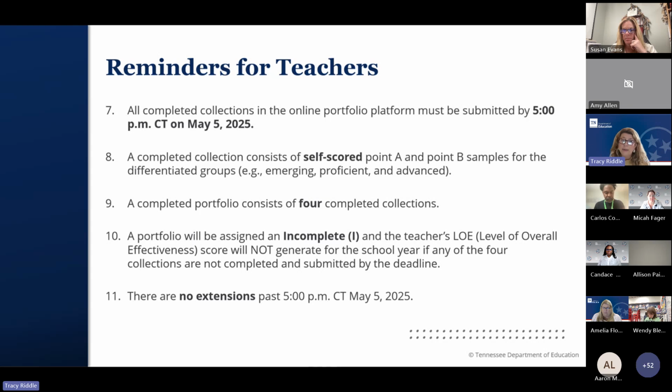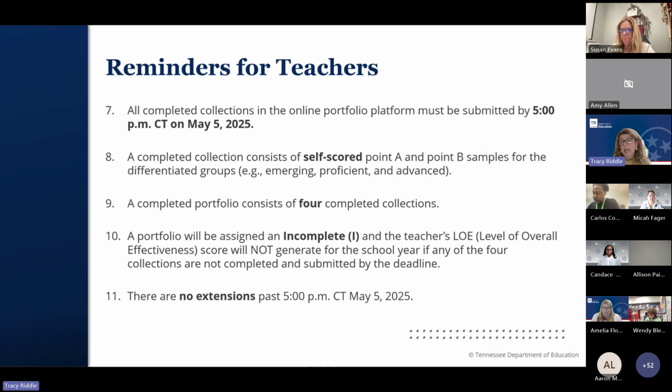The teachers will see complete, a complete portfolio if all 4 collections have all the required uploads and have been self-scored for point A and point B. A complete portfolio is 4 complete collections.